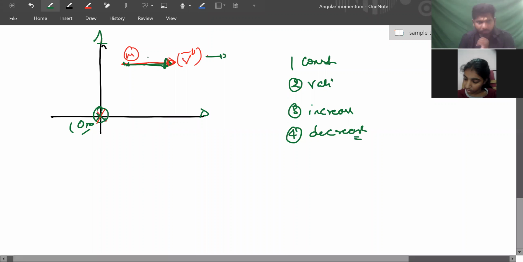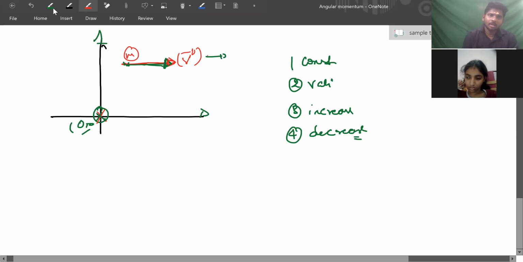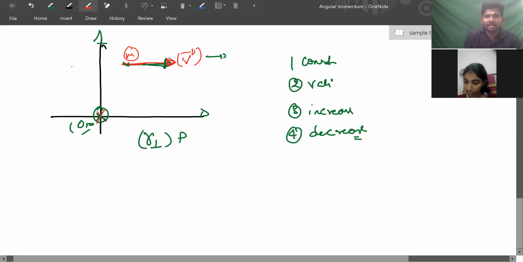Done, sir. What is it? Tell me. I got constant, because L is equal to R cross P, that is R cross MV. P is MV, but R cross is what? R perpendicular into P. R perpendicular is, if you extend the P vector and draw the perpendicular, this remaining part.